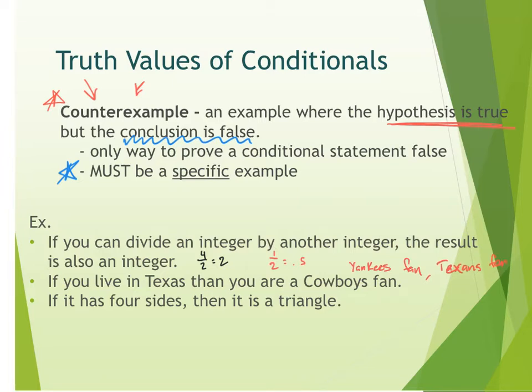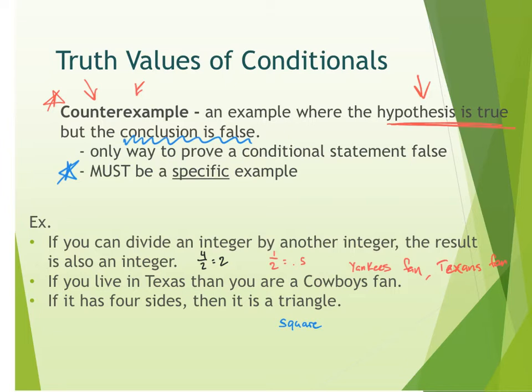Now this last one: if it has 4 sides, then it's a triangle. Remember that in order for it to be a counterexample, the hypothesis has to be true and the conclusion is false. So a good counterexample for this bottom one would be if it has 4 sides, then it is a square.